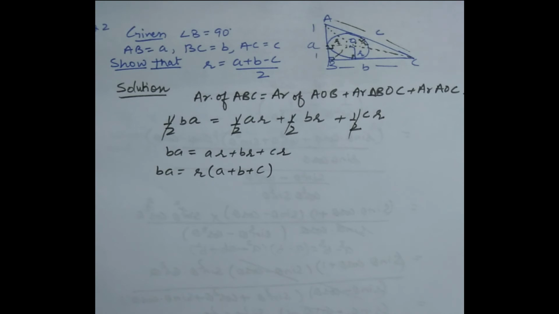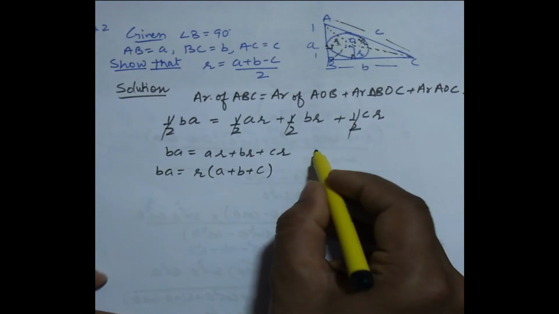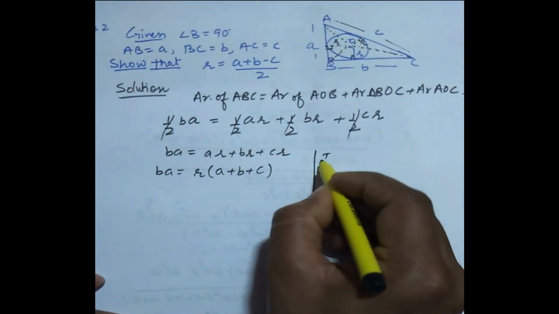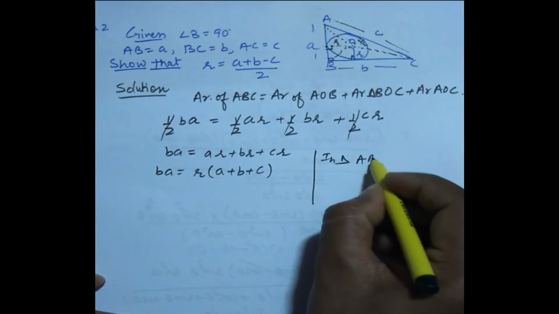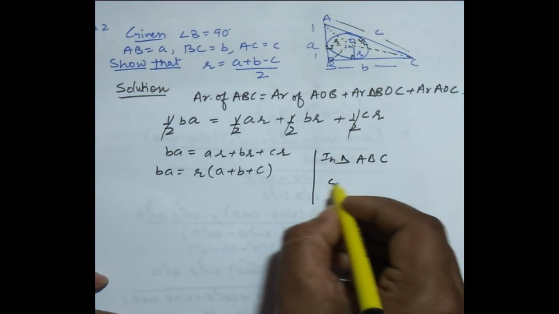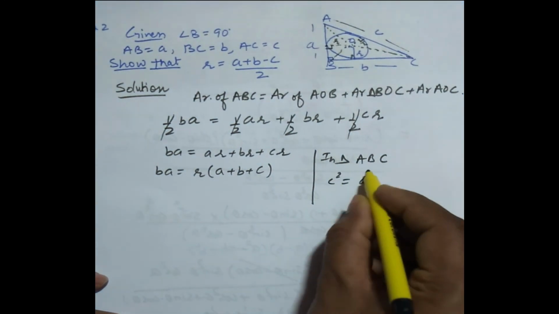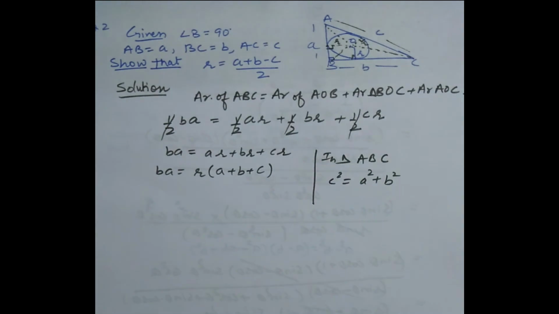Now you see that your triangle ABC is a right angle triangle, and you can apply the Pythagoras theorem in it. So we can write, in triangle ABC, C square will be equal to A square plus B square.